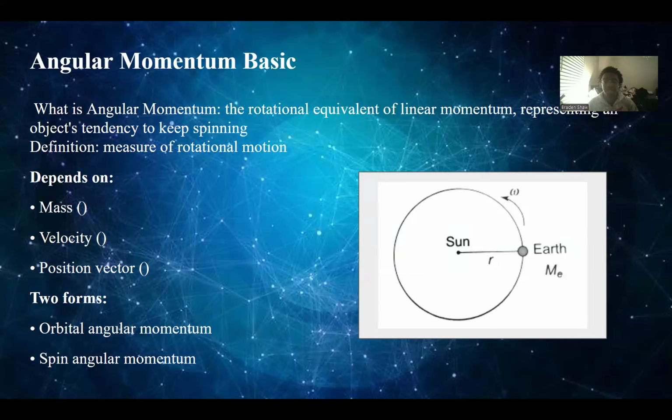The first is orbital angular momentum, which applies to objects moving in orbits, such as planets orbiting the sun. The second is spin angular momentum, which describes how objects rotate about their own axis, like the Earth spinning on its axis. Together, these two forms describe how objects move and interact in a system like ours.